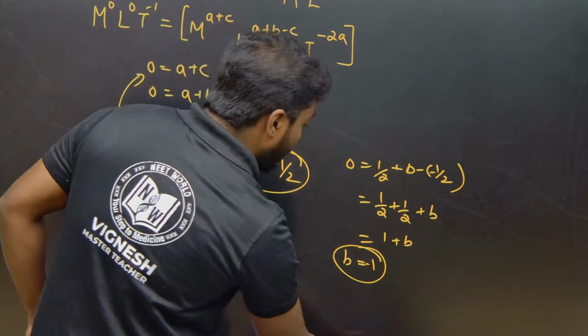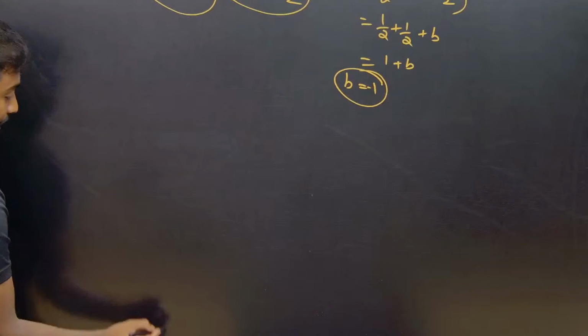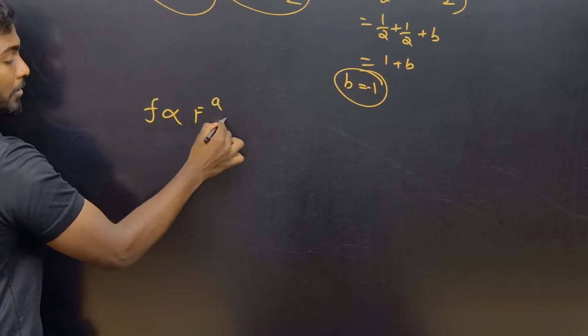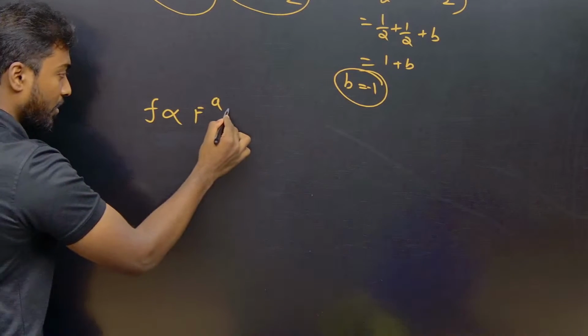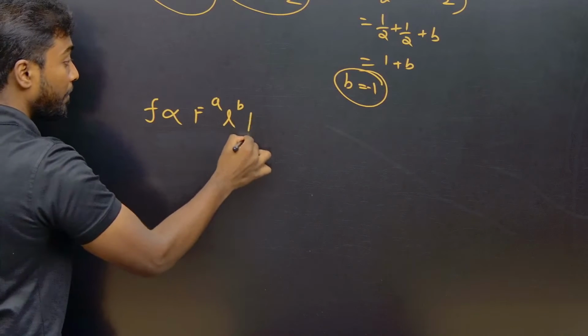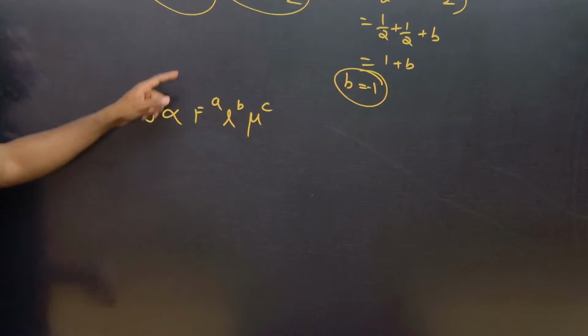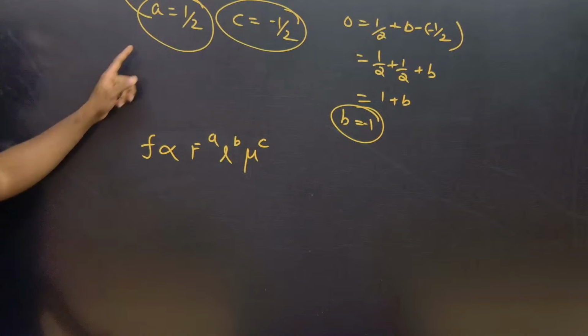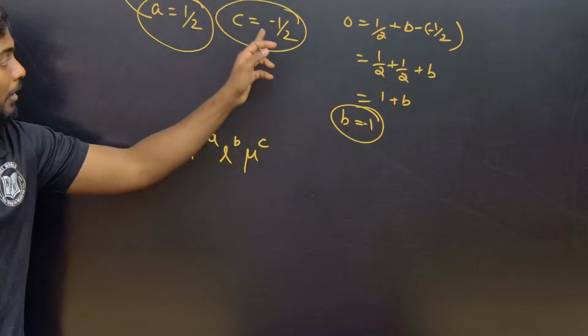Okay. Now what we have done: f is directly proportional to F power a, L power b, mu power c. Now we got the values. What are the values of a, b, c? 1 by 2, minus 1, minus 1 by 2.